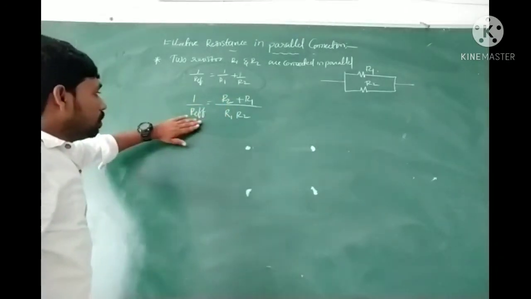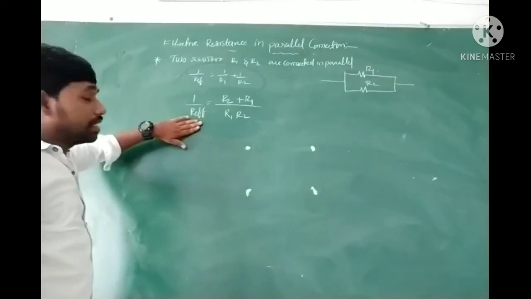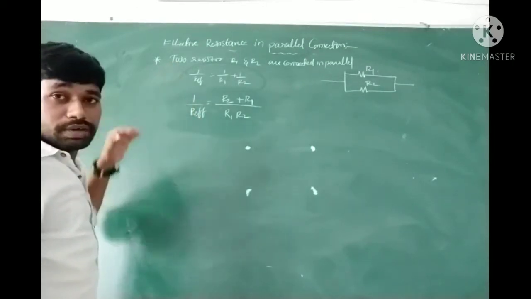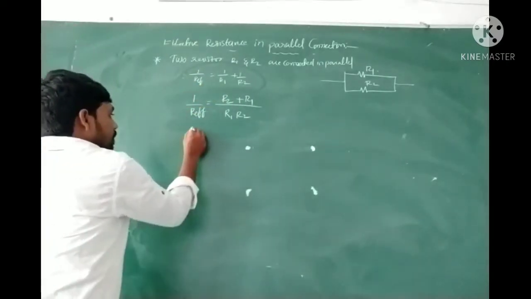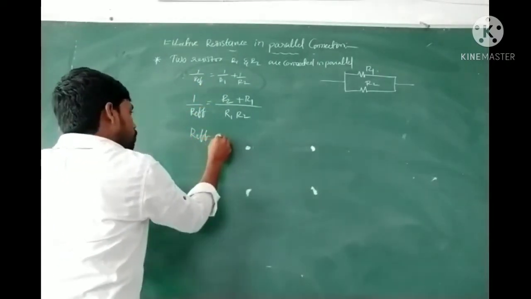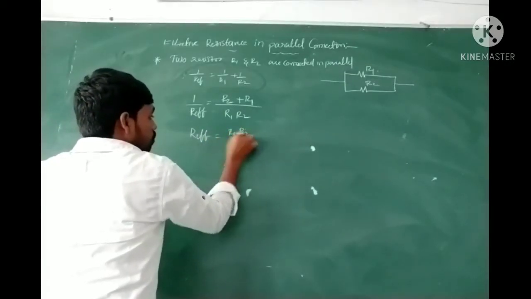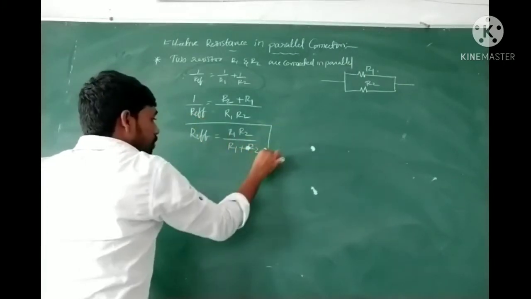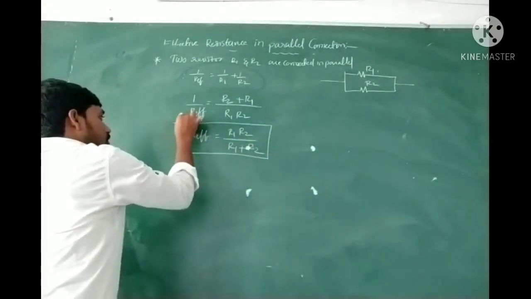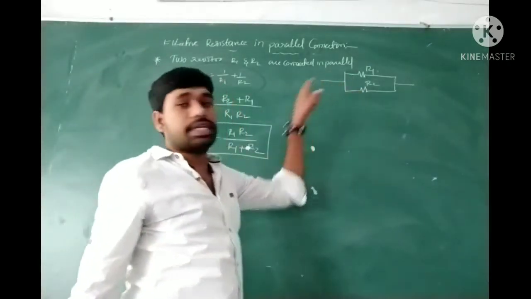We don't want the reciprocal of R effective, we always need R effective. Taking the reciprocal of both sides, we get R effective is equal to R1 R2 by R1 plus R2. This is the effective resistance in a parallel connection when two resistors are connected in parallel.